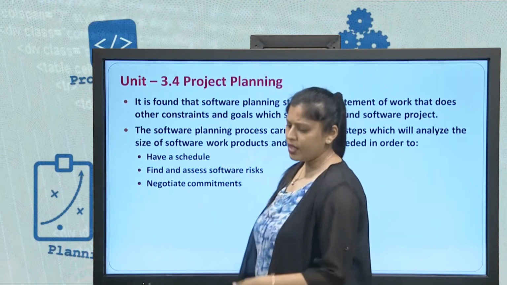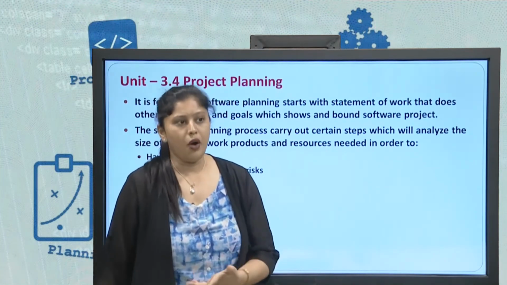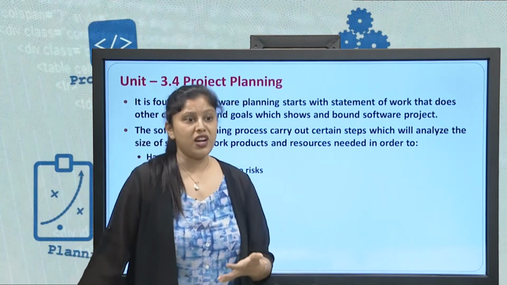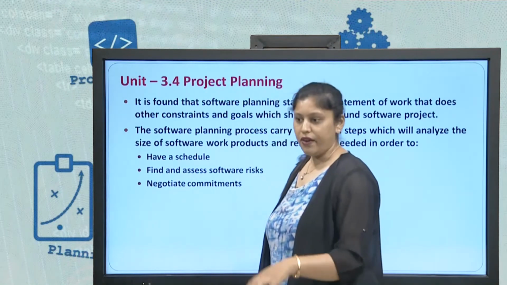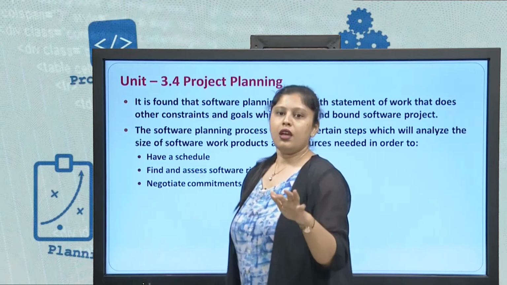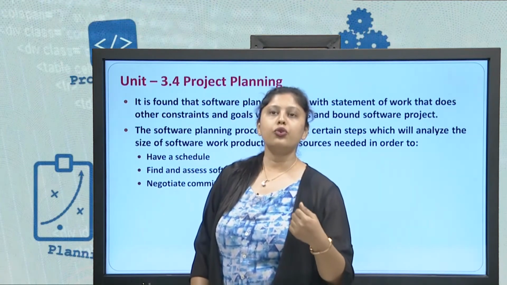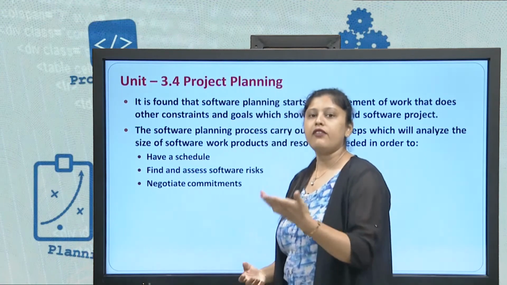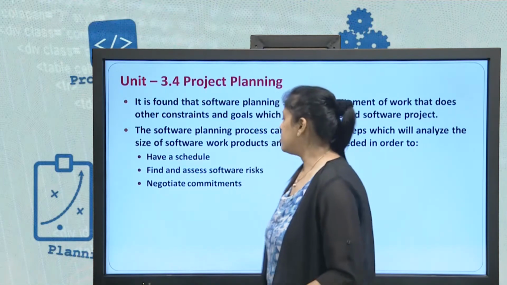If your customer says some XYZ functionality should be there, and you find that it requires a lot of time to implement, then you can negotiate on the commitments. Or maybe your project delivery is due the day after tomorrow and you are not able to reach that, then you negotiate that you will provide the software package after 5 days. That is the negotiation that you carry out.